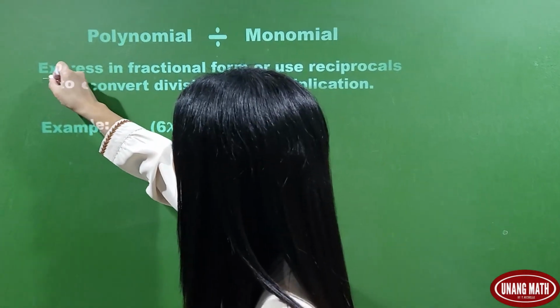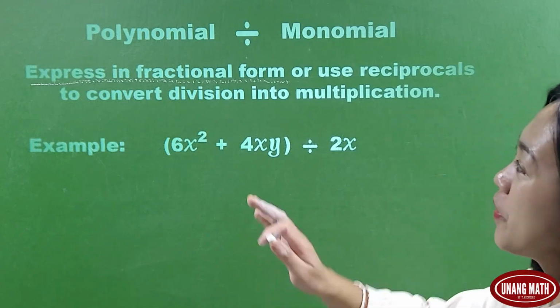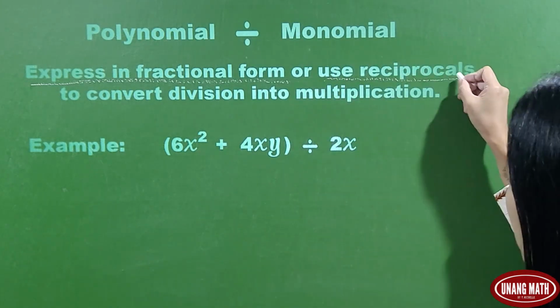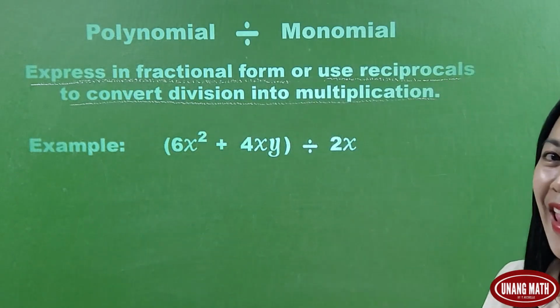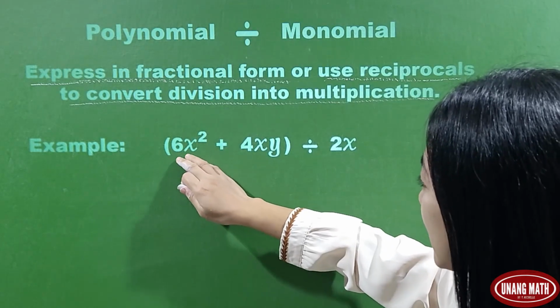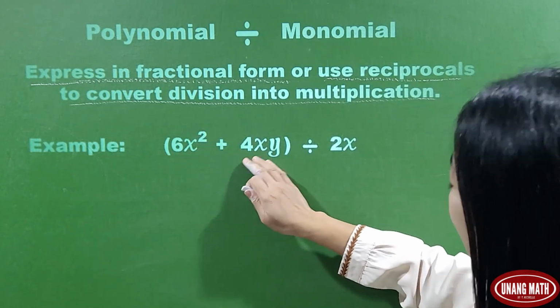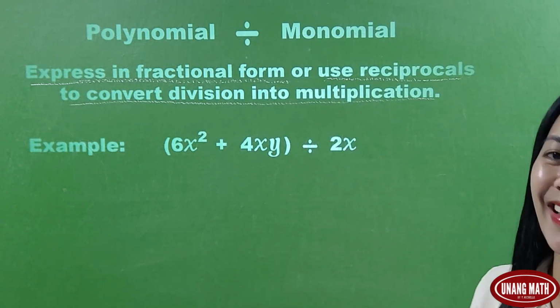First, we will express the given in fractional form. Another one is we will use the reciprocals to convert division into multiplication. Okay, let's give an example. This polynomial 6x squared plus 4xy divided by this monomial 2x.